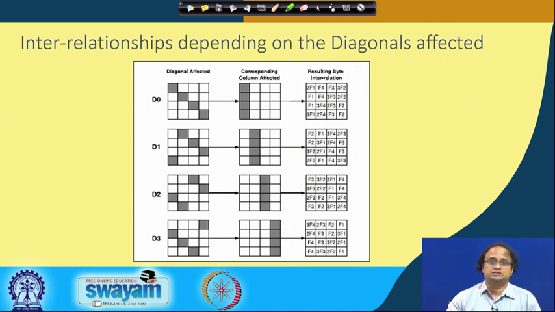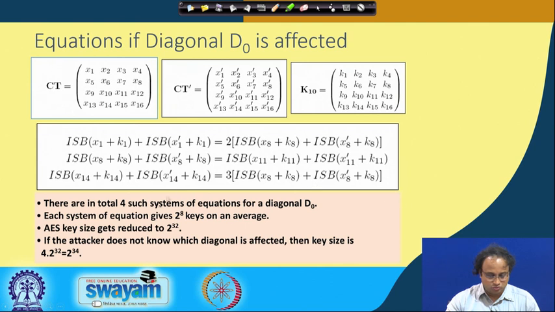And that means that you can reduce the AES possible key size. In this case, you can again take the ciphertext, and here it is shown that suppose the diagonal D0 is affected, and this is your ciphertext and this is your faulty ciphertext, and this is your corresponding 10th round key.